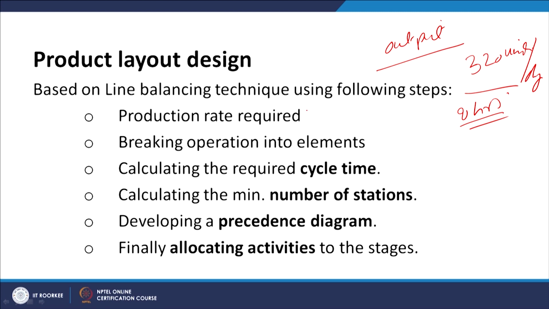Then after we have identified the output, we need to see what are the different operations to be performed. These operations are now broken down into finer elements, so that each has its own identity.